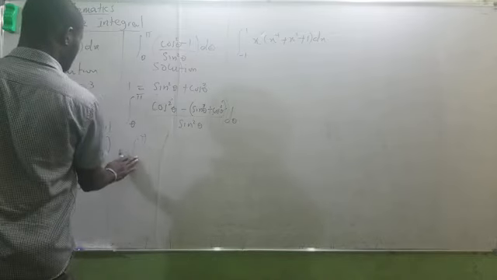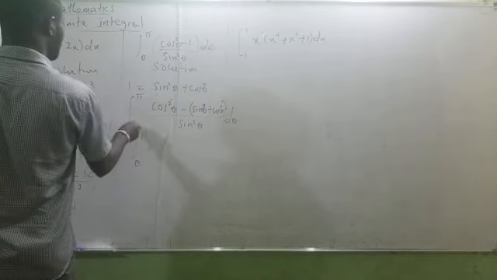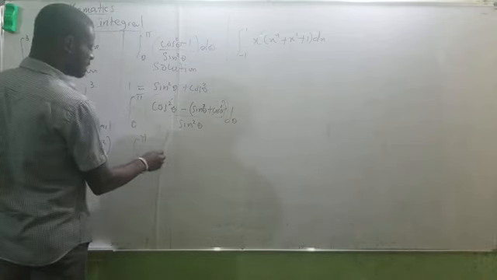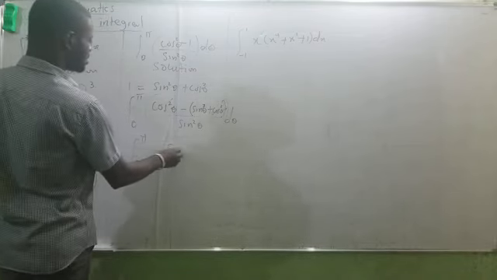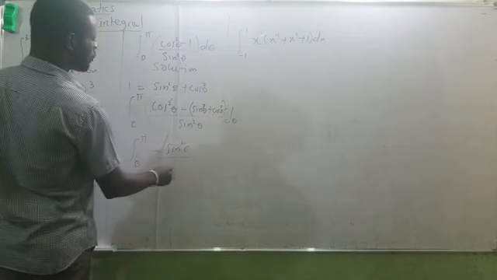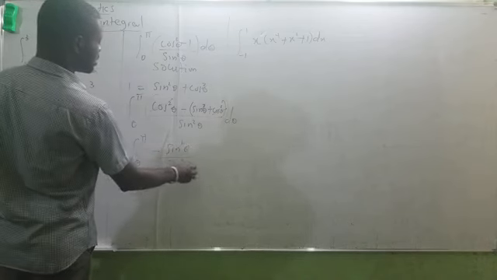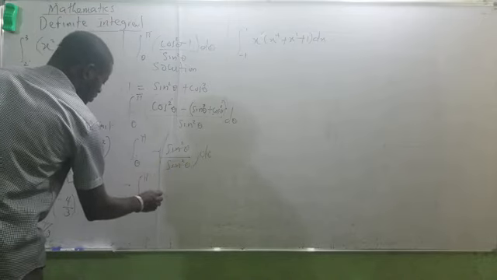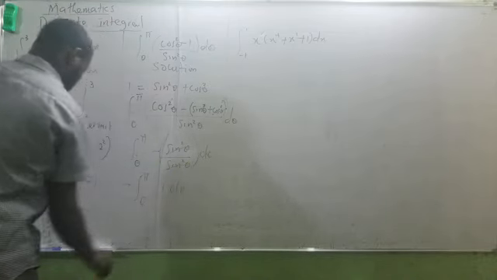Sorry, this is 0. Upper and lower limits, minus sine squared theta all over sine squared theta with respect to theta. Now, this becomes 1. Now, I'll be having the integral from 0 to pi of 1 with respect to theta.